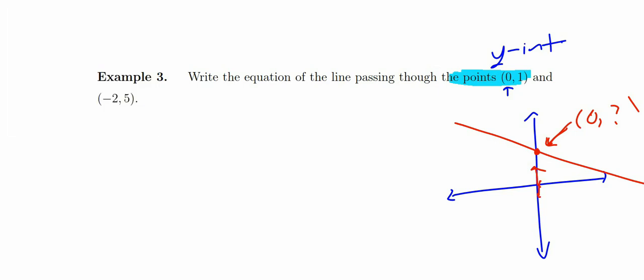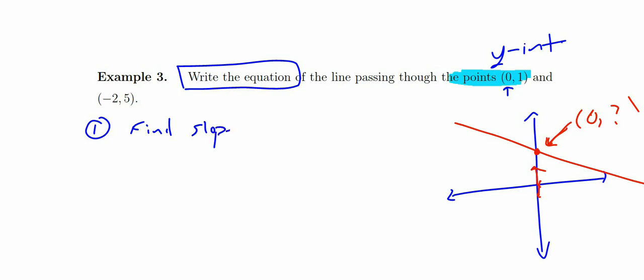So I do have the y-intercept, but I don't have the slope yet. So I need to find the slope. Any time that you see the phrase write an equation, your first thing is to find slope. If it's given to you, great. If not, then we have to use that little slope formula. Like I did before, I'm going to label some points here.